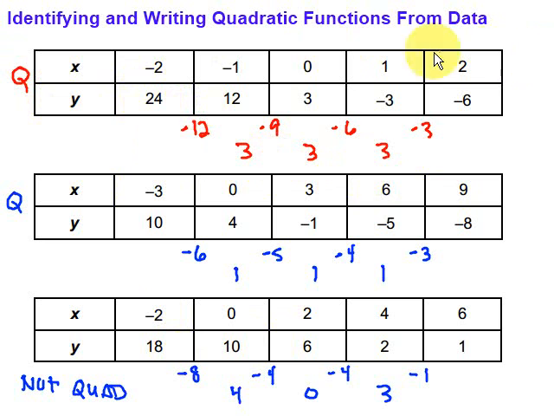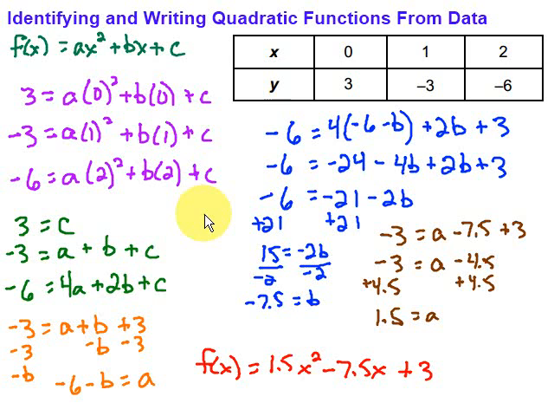Then, if we have some data that we know is quadratic, we can write a quadratic function that would contain those 3 points by using standard form, filling in 3 ordered pairs for the x and the y, as we did here. Then we can simplify, and remember, when we have a system with 3 variables, it takes 3 equations, and we can work that through to get the a, b, and c, which finally we fill in to get our function, that if we would graph that, would go through all 3 of those points, or if we put those in, those 3 would all work.